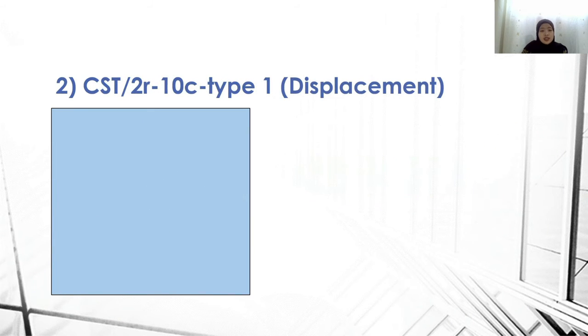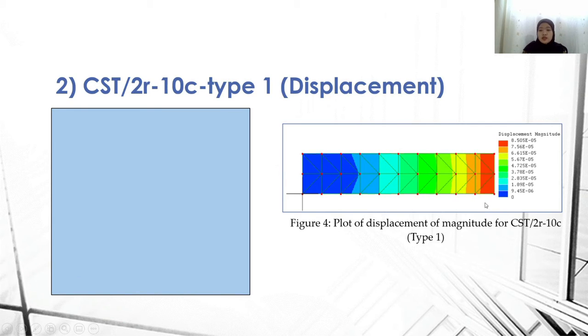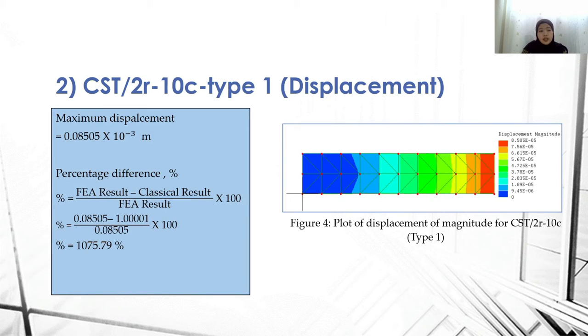For CST 2 row 10 column type 1, here is the plot of displacement, and we get a maximum displacement of 0.08505 exponent negative 3 meter, and we get a percentage difference of 1075.79%.